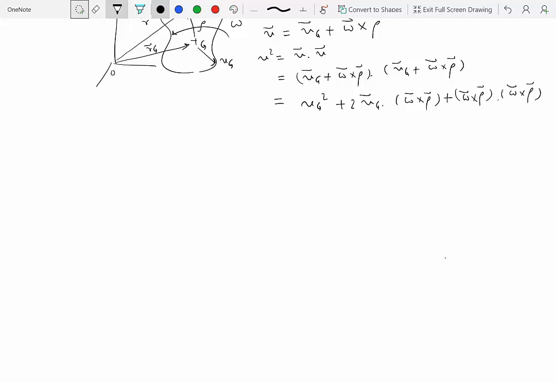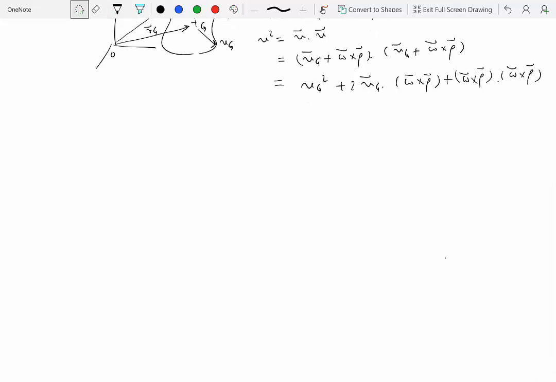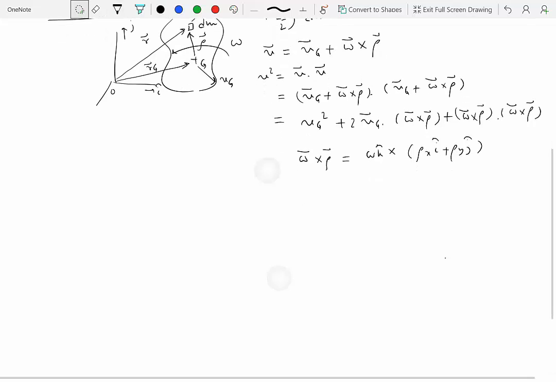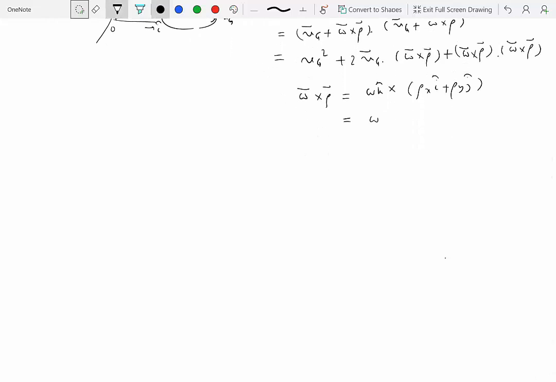Now let's try to simplify this whole thing and see what we get. So omega cross rho, what is omega cross rho? Omega cross rho is omega k hat cross, let's say rho is rho_x i hat plus rho_y j hat. Since we're using a translating frame, we can use these unit vectors, okay, right? And that's the frame attached at G as well. So this is equal to omega times rho_x k cross i is j, plus rho_y k cross j is minus i.